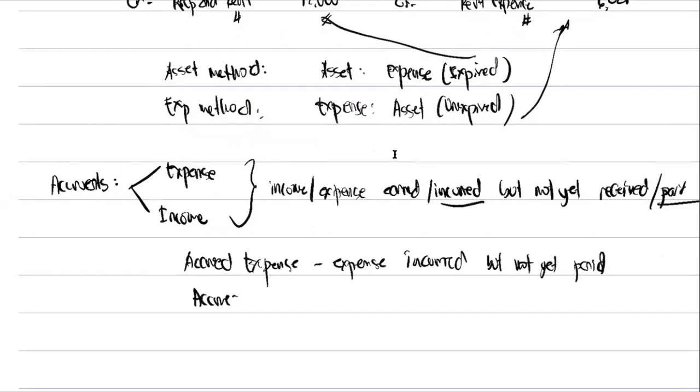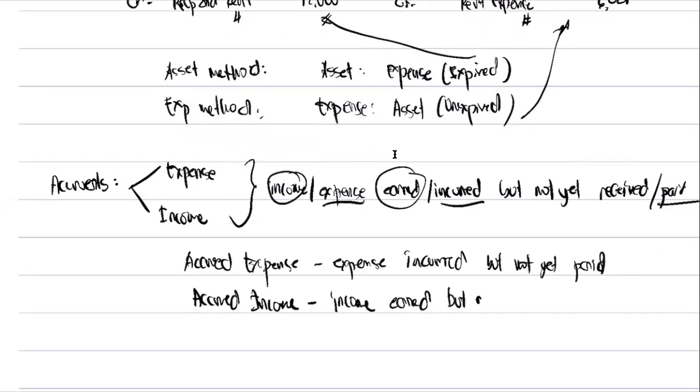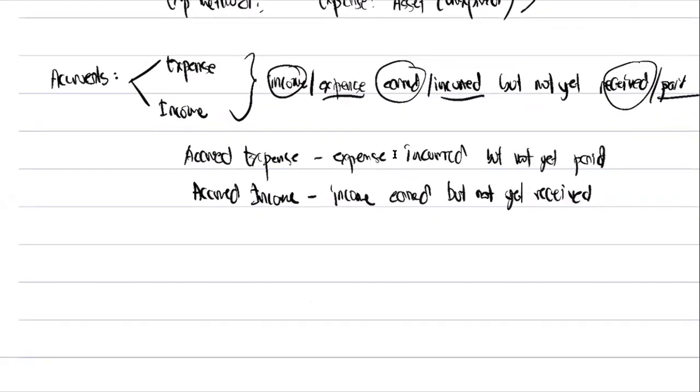For our accrued income, this is an income earned but not yet received.